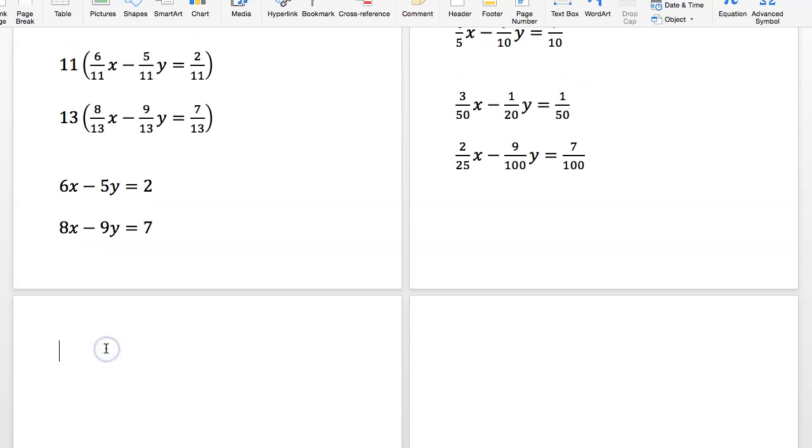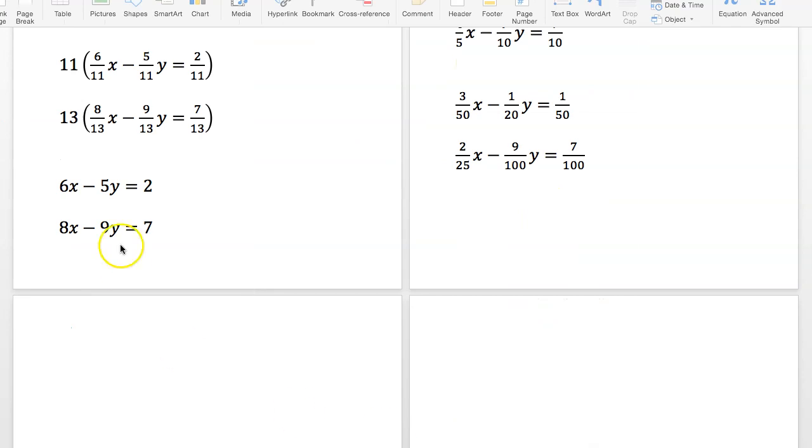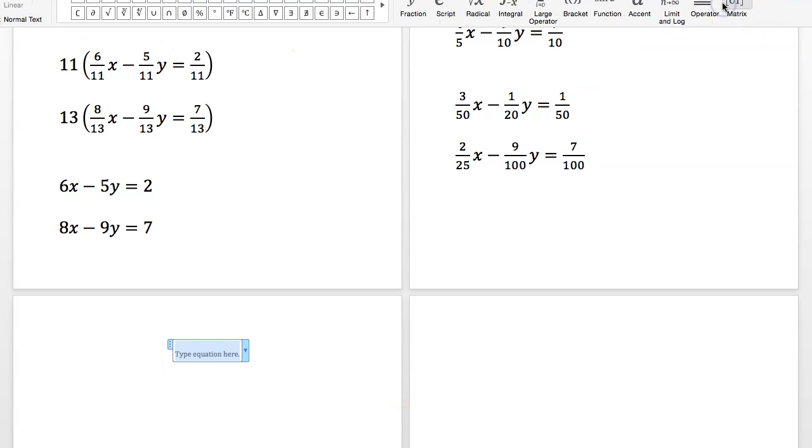So, if you have, let me cook up my own: 3/4 x minus 5/9 y equals, let's say, 7 over 12.